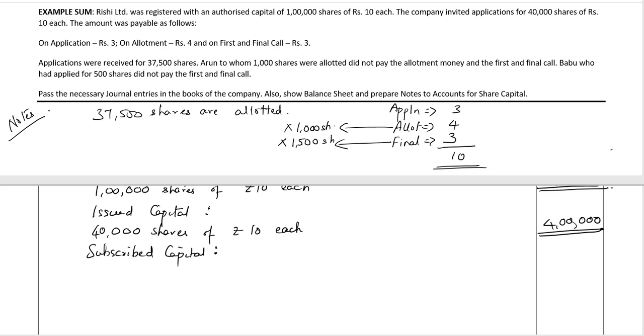Now, as per what we've learned, in the case of subscribed and fully paid up shares, the company should have called up the full face value of the share and also received the same, so that in respect of the 37,500 minus Arun's 1,000 shares minus Babu's 500 shares, the company has called up the entire face value of the share and also received it. So 37,500 minus 1,500, 36,000 shares we will classify as subscribed and fully paid up.